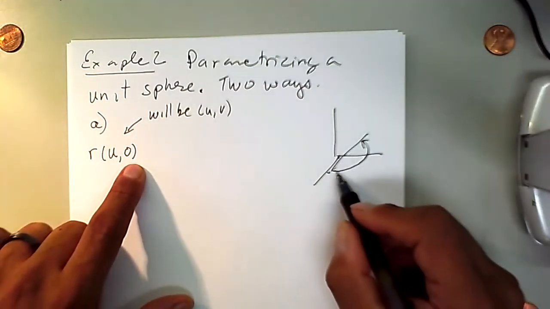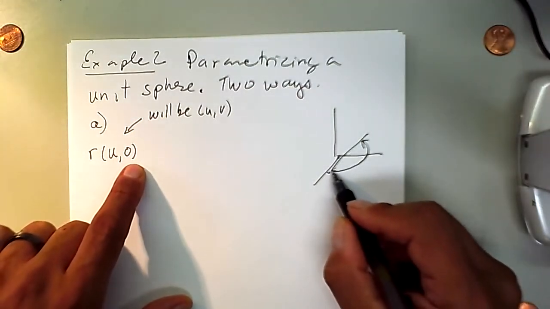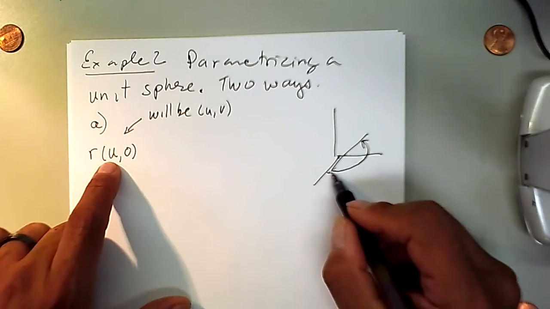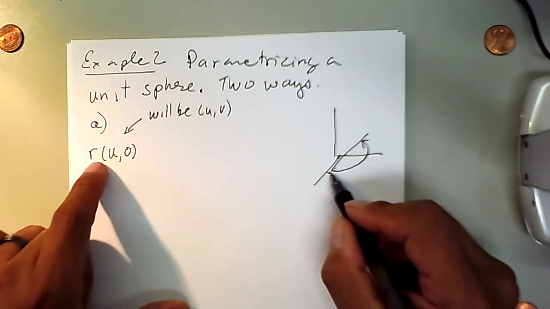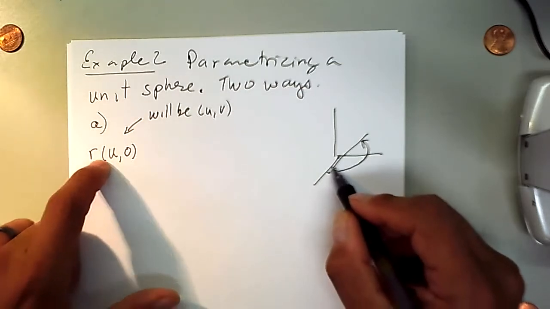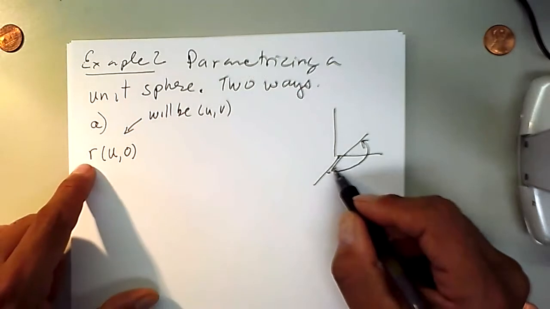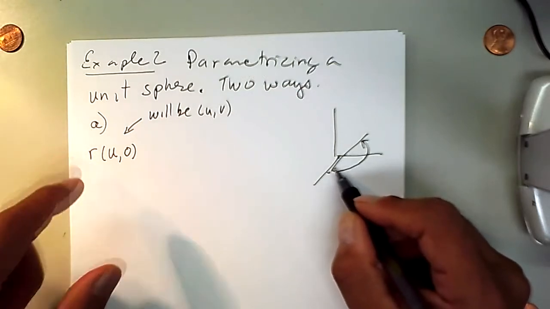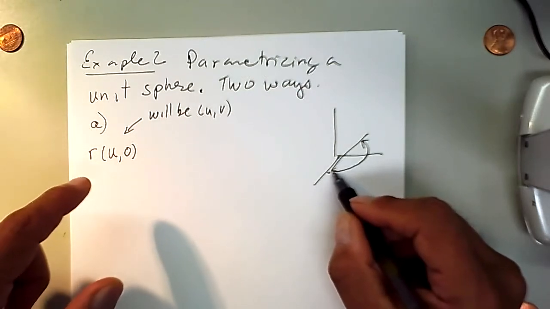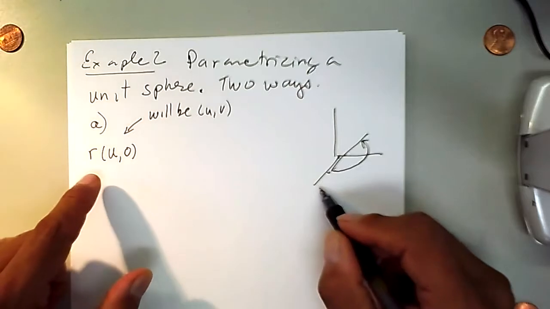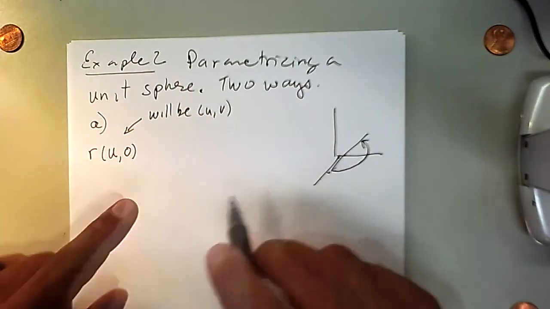I just want to do this in parts, one thing at a time, so that's why I'm focusing on the u. And this is going to be a surface. We use the same r, but this is a surface as opposed to example 1 where we had a curve. Those circles are curves, closed curves.